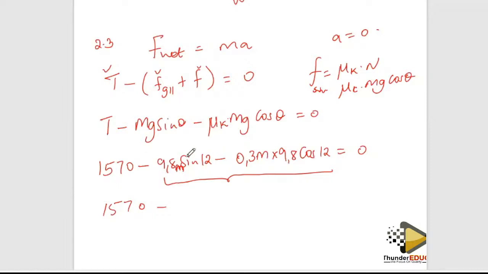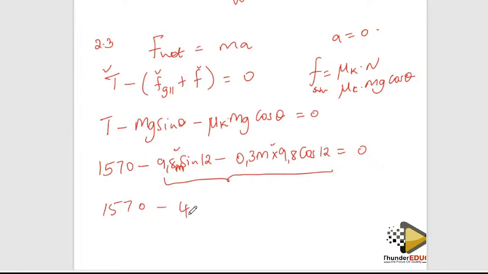Since both of them have m, I can just ignore the m and focus on the numbers. So that is 9.8 sine of 12. Okay, I'm adding the 0.3 times 9.8, cos of 12. That is giving me 4.9 something.